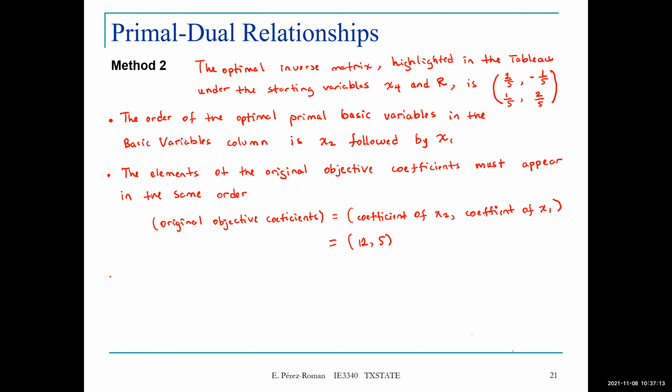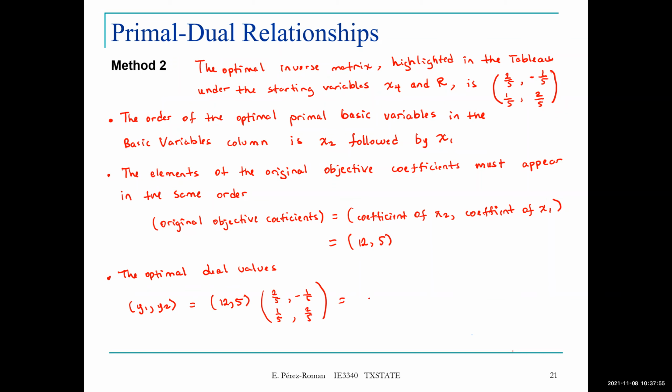So the optimal dual values y1, y2 are going to be equal to 12, 5 times the inverse, 2 over 5, 1 over 5, minus 1 over 5, 2 over 5.